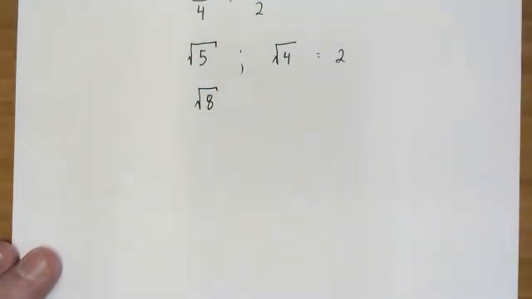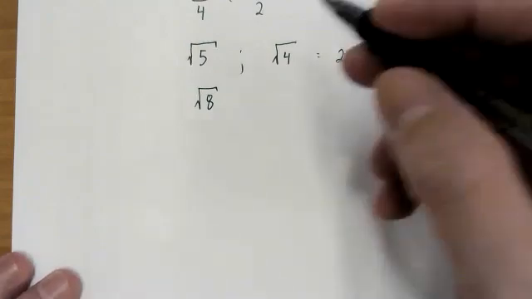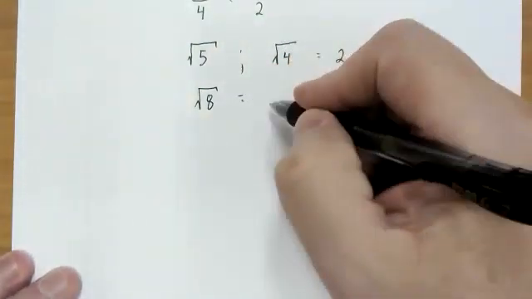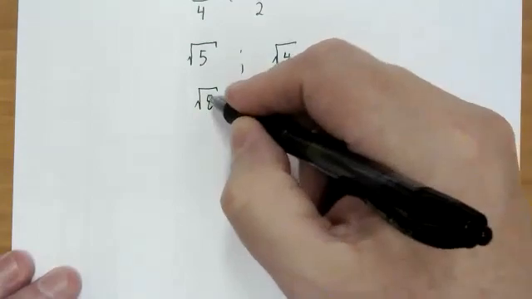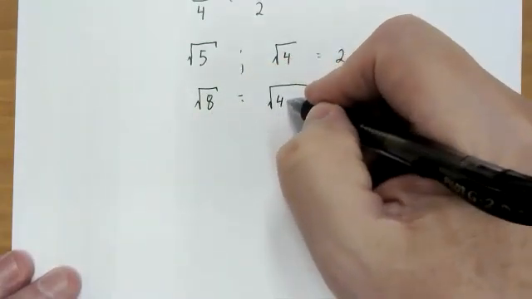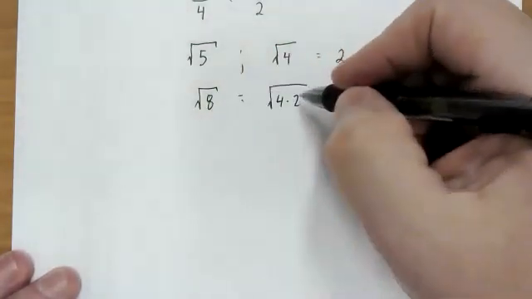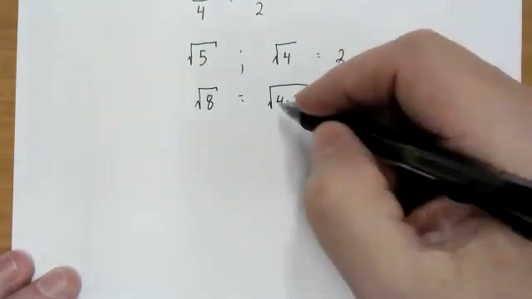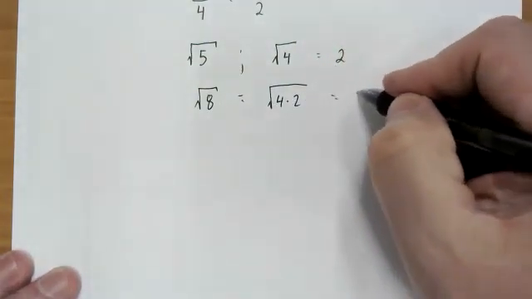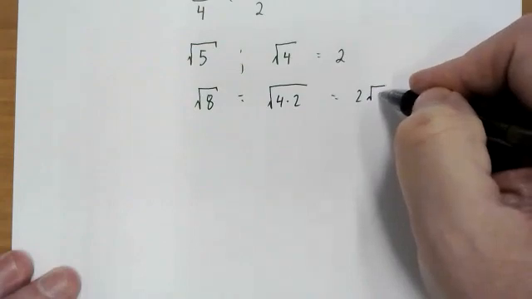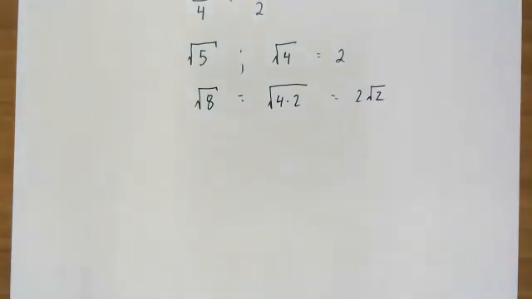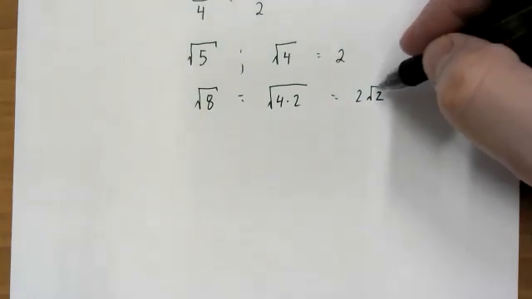And in the world of math, they always want you to simplify radicals. So I'm not going to give a lesson on simplifying, except just to say basically 8 is the same as 4 times 2. Square root of 4 is 2. So bottom line is square root of 8 equals 2 square root of 2. This will be the answer they're looking for.